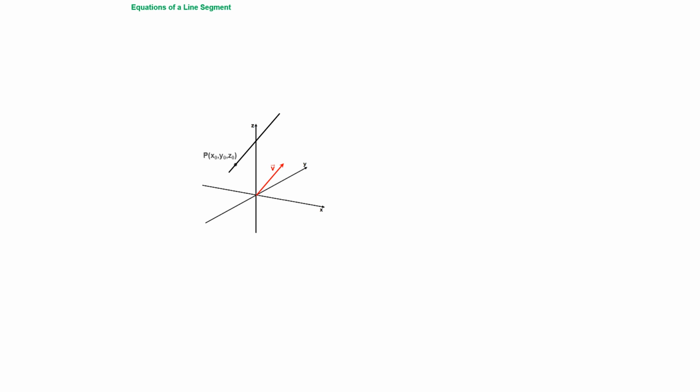Let P be the initial point of the line segment, and Q be the terminal point of the line segment, and let r sub 0 and r sub 1 be the associated position vectors. We know the equation of the line is given as follows.